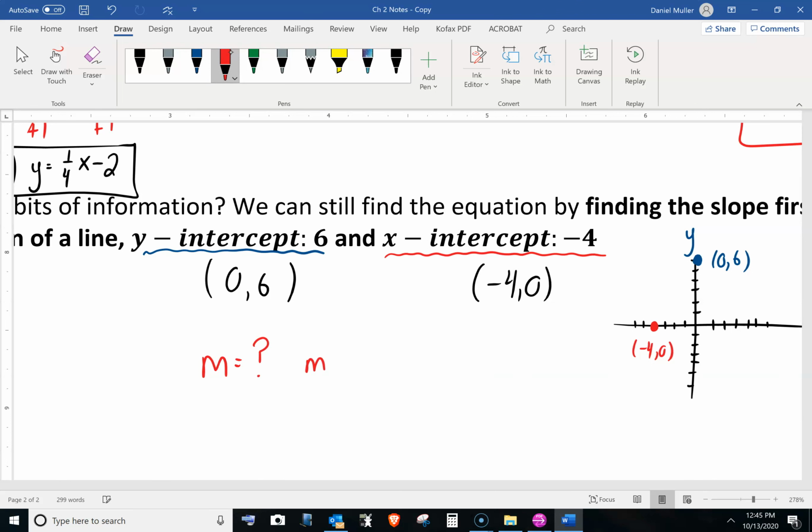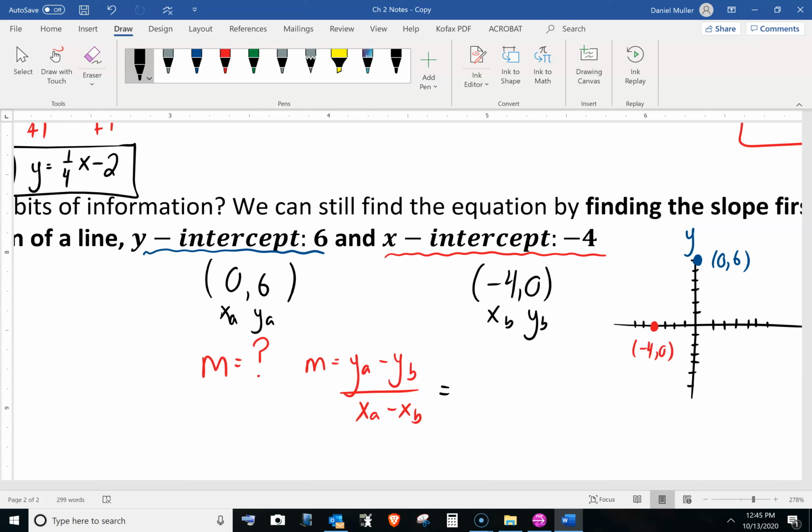So we're going to need to do ya minus yb all over xa minus xb. Okay, so our points are going to be xa, ya, xb, yb. So we need to do the formula.